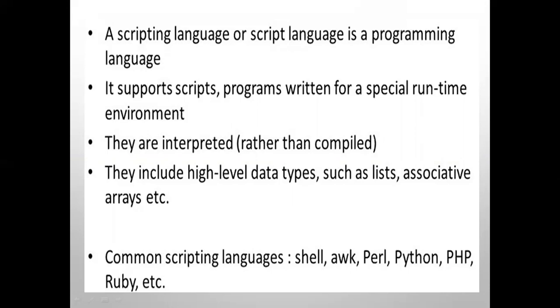They are interpreted. An interpreted language is a type of programming language that executes its instructions directly and freely without compiling machine language instructions in the program. So JavaScript is an interpreted language which executes its instructions directly without compiling machine language instructions within the programs. This includes high-level data types also.